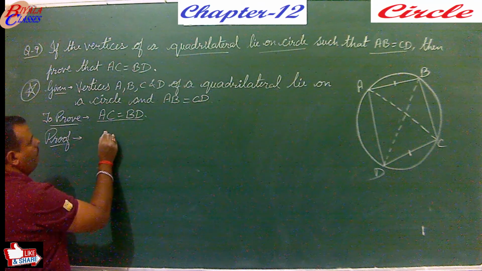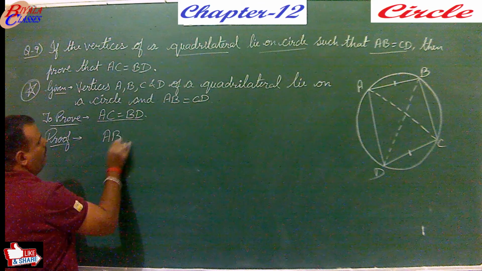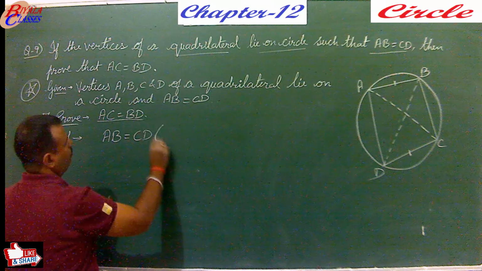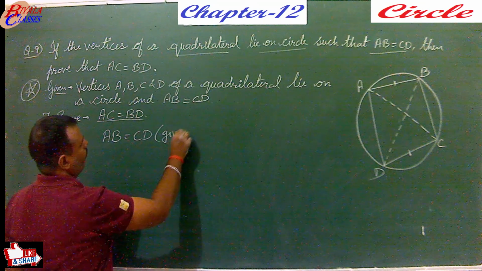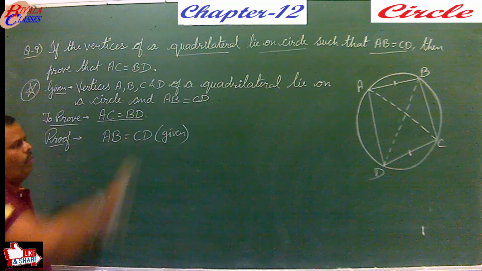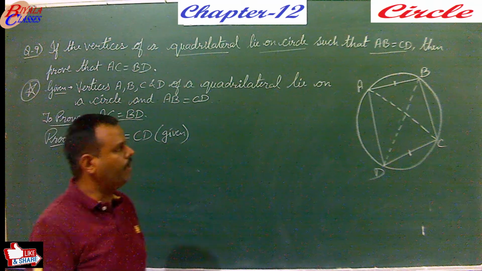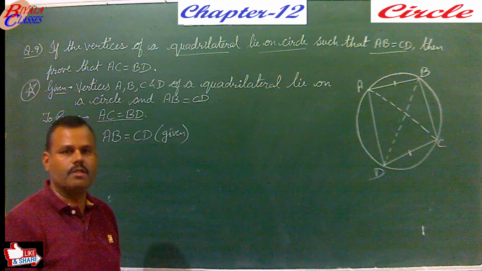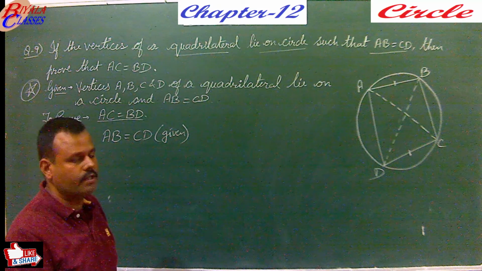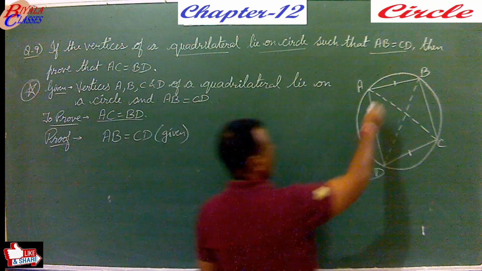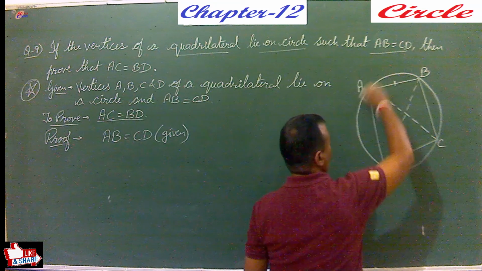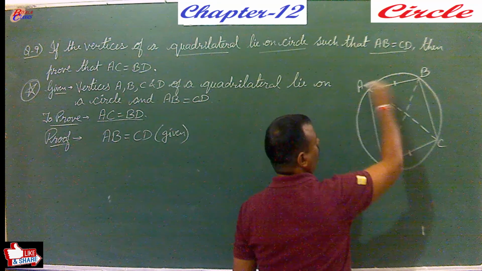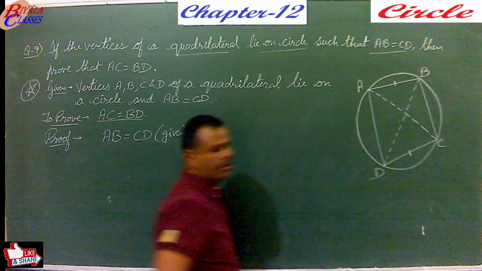Now first thing given to us is AB is equal to CD. Now what are AB and CD in this figure here? In this figure, AB and CD are the chords of the circle. Though they are the sides of the quadrilateral also, if you consider the circle, then they are the chords.